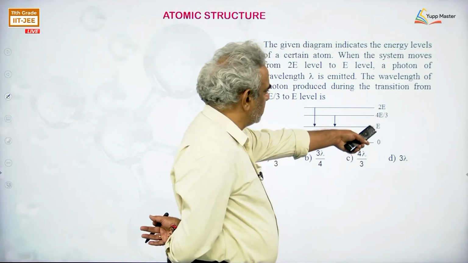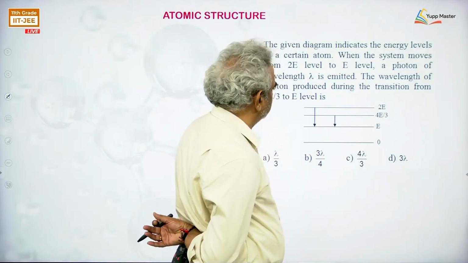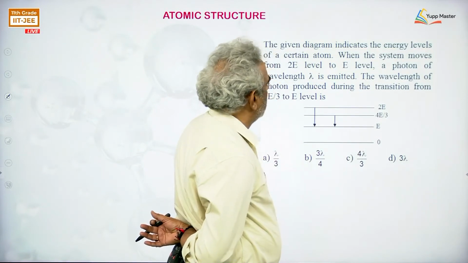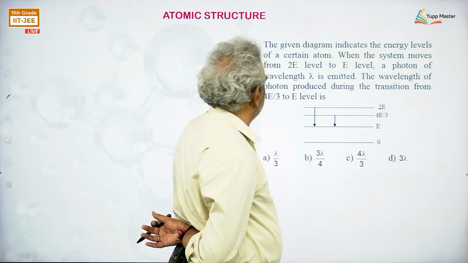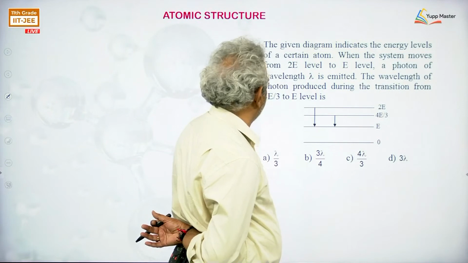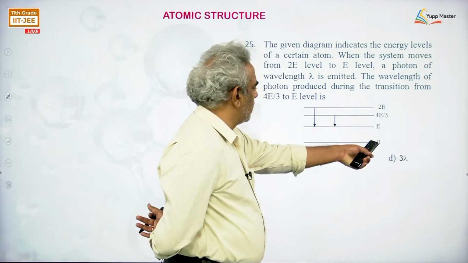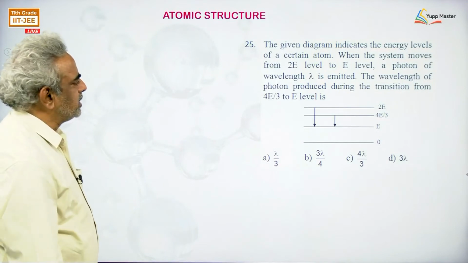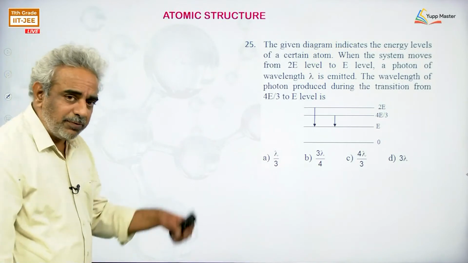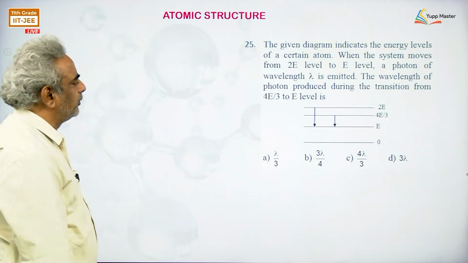These are energy levels. I think these are energies only. A photon of wavelength lambda is emitted. The wavelength of photon produced during transition from here to here, he is asking. Okay, fine. I think they are energy values. Let us take them like that.